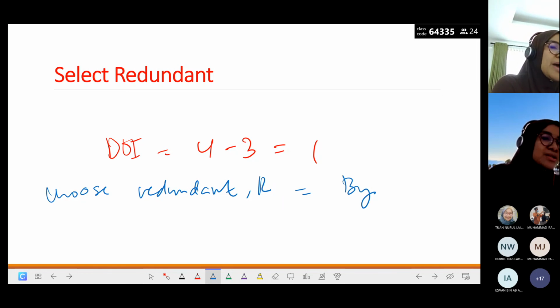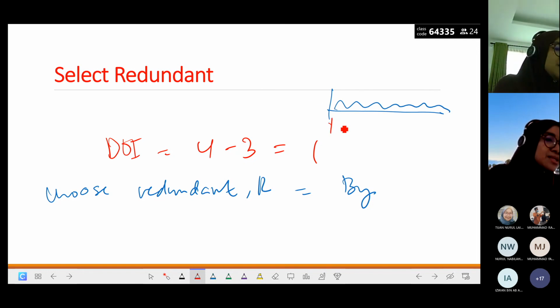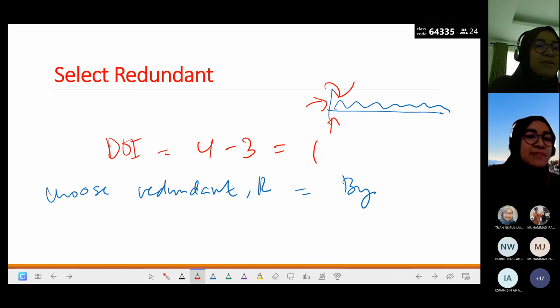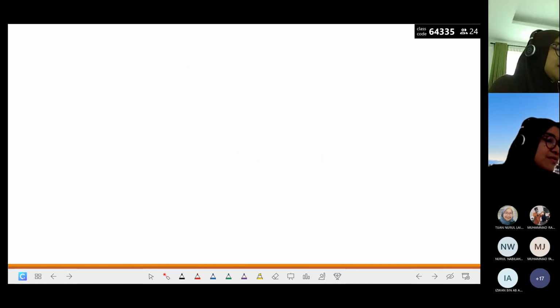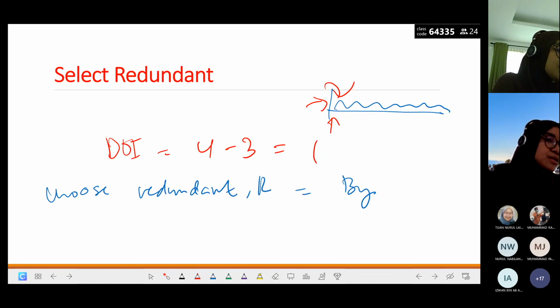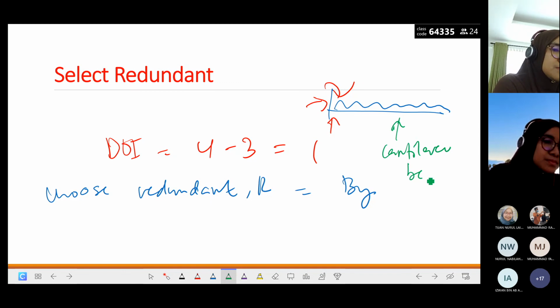Whenever we choose BY as redundant, we need to remove the roller, so it becomes this cantilever beam, the primary beam.